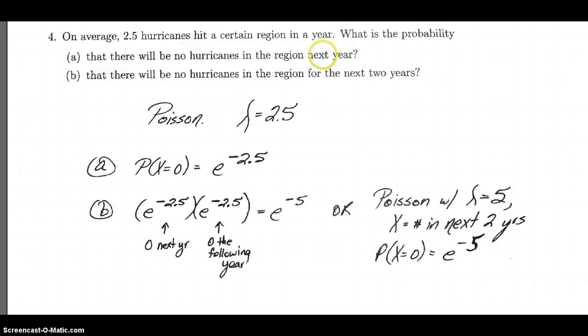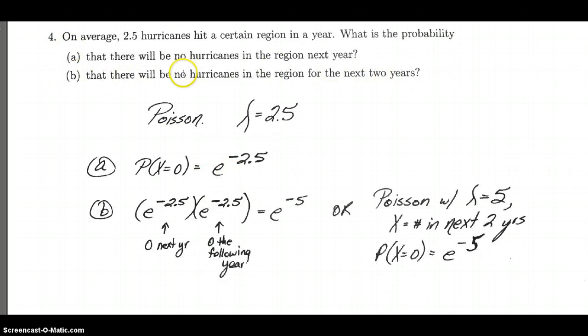So we're looking at year as our unit here on part A. So in the first year, if we have probability x equals 0, it's just a Poisson with lambda equals 2.5. So plugging that into the PMF for Poisson, you'd get e to the negative 2.5 times 2.5 to the 0th over 0 factorial. But of course, we know that when x equals 0, all of this just cancels out, and we have this here.